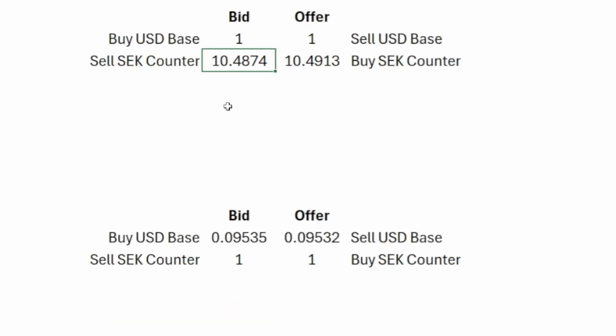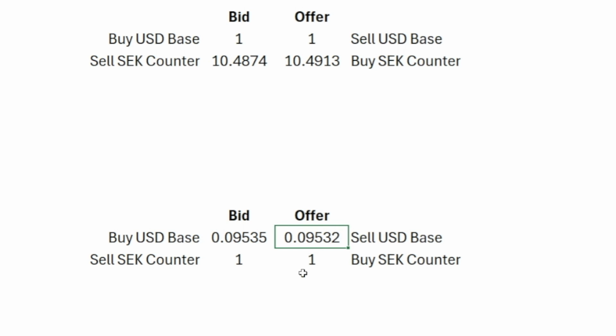In other words, we'll divide both of these values by this 10.4874, and then the 10.4874 by default will become 1 unit. On the offer side, both those values are divided by the offer rate in the counter currency, and we end up again with buying 1 Swedish krona and associated USD rate as a selling rate.